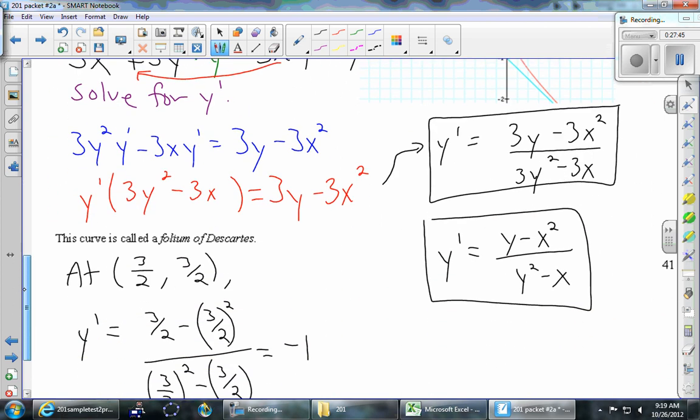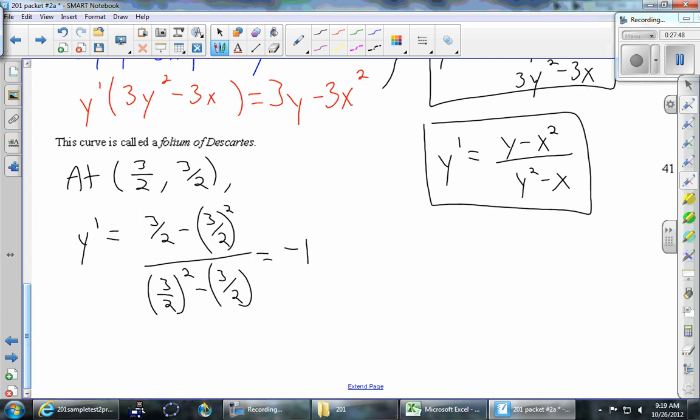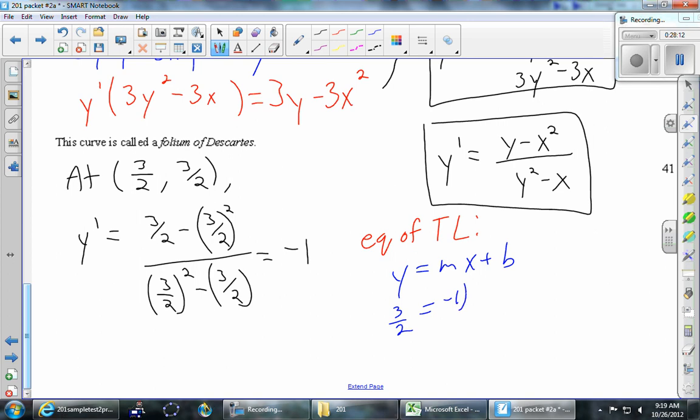And so finally, again, the goal was to find the equation of the tangent line. So maybe we'll do our mx plus b thing. At the point we're interested in, how much is the y? 3/2. We just did a lot of work to find the slope of the tangent line, -1. At the point, how much is x?